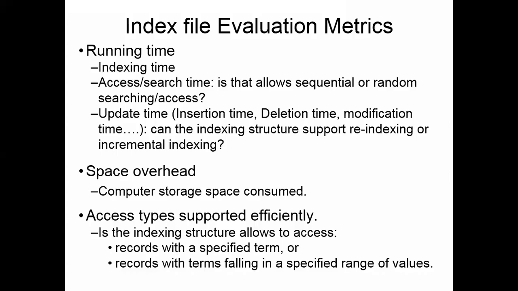Is it possible to access multiple index terms at the same time, or only one term at a time? Each record describing one term, or multiple records describing multiple terms? We prefer it if it's possible to access multiple rows, multiple records, or multiple index terms at the same time.